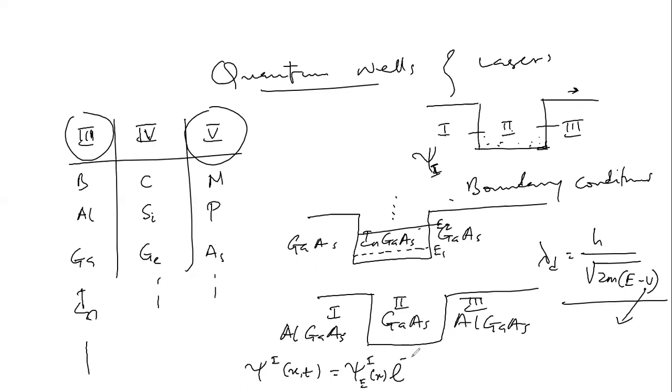Recall we already resolved this, negative j e over h cross t, which will be the same as the energy of the wave in the second region, s of t, for instance, which will be the same in the third region.